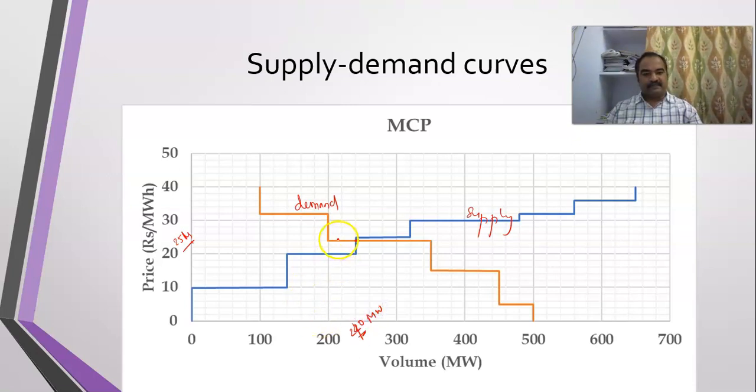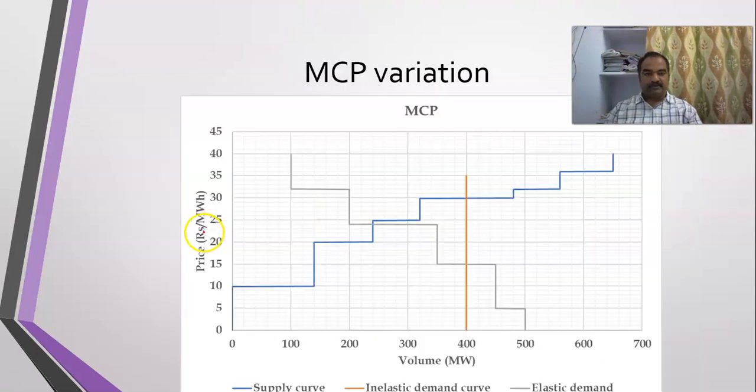See, in the earlier case, the MCP was 30 rupees. See, this is the case. It was 30 rupees in the earlier case in case of inelastic demand. So in case of elastic demand, what is the price? It is somewhere around 24. So what is the impact? What have you understood now?